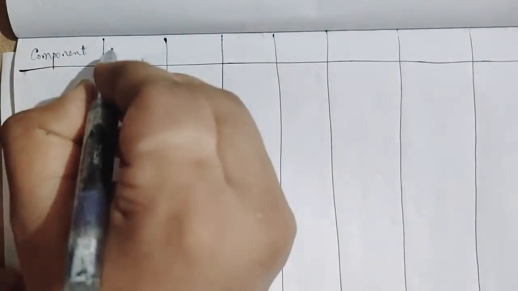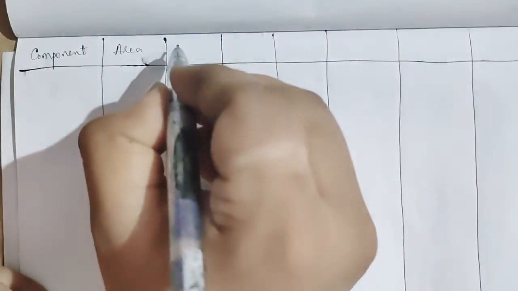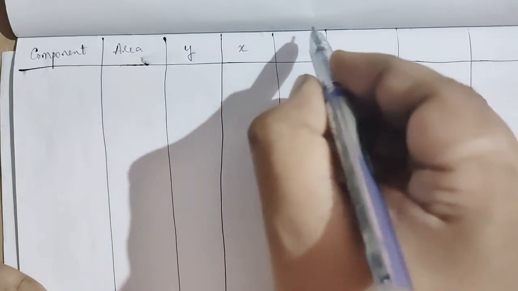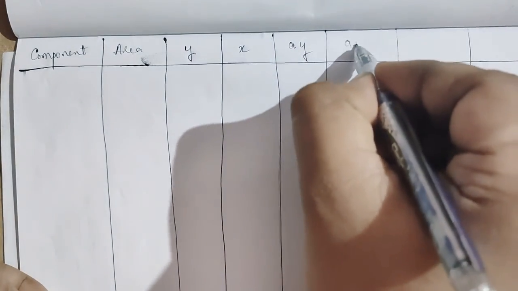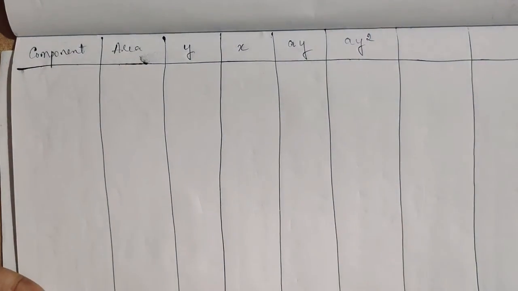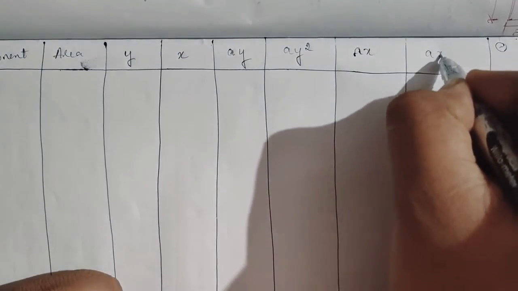So first is component, next we will get area. After area we can take the value of y and x. After that we can take ay value, ay square value, so that we can find ay square directly. Then ax value, ax square.